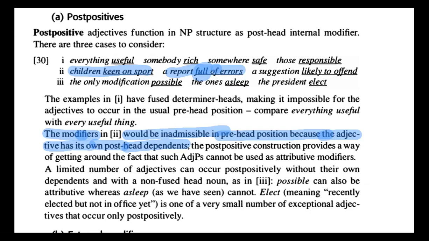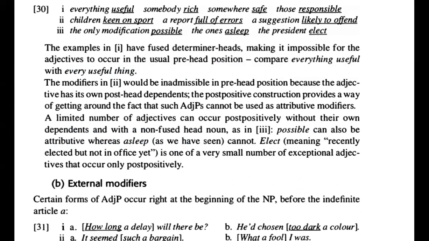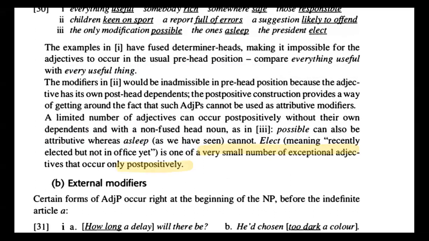According to the third point, here we go. A very small number of expectation adjectives that occur only postpositively here. So only a very small number, okay? So you just try to memorize them. That's what I'm saying.